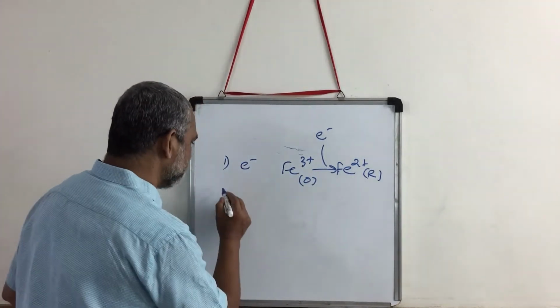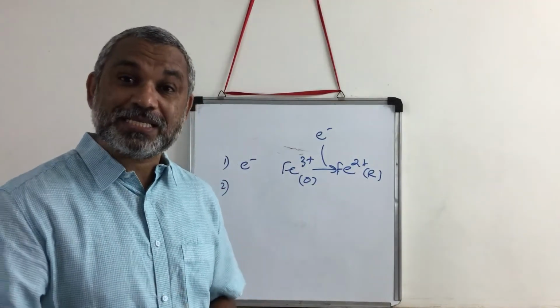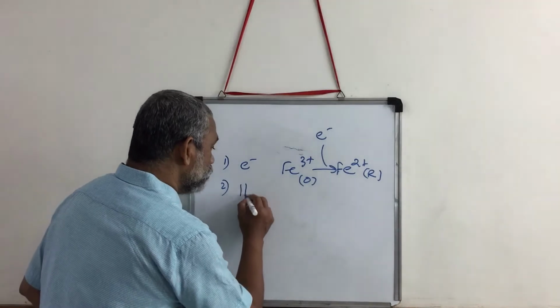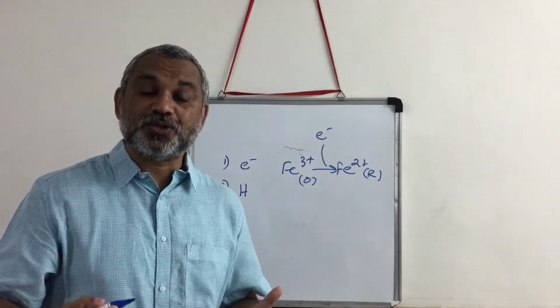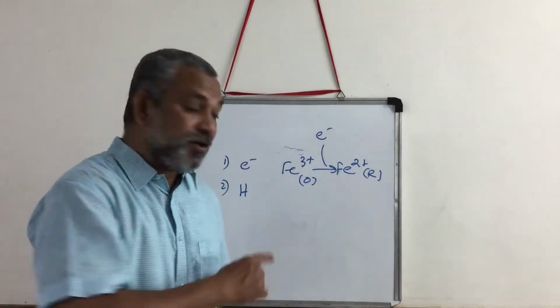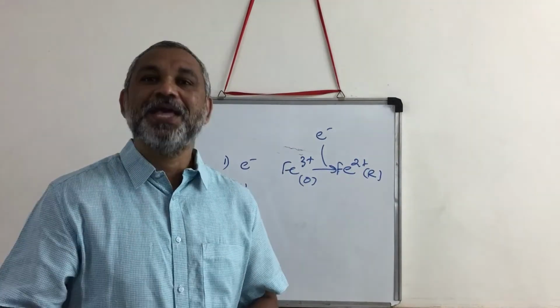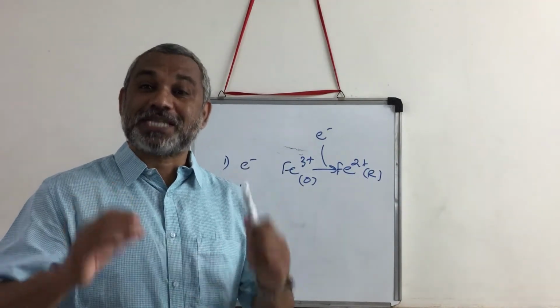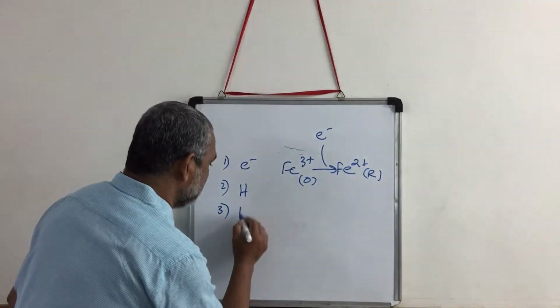That is one way to transfer. The second way to transfer electrons is as hydrogen. Remember, a hydrogen is equal to an H+ and an electron, so it can be transferred as a hydrogen atom. The third way is as a hydride ion.